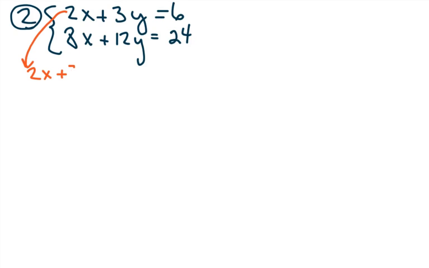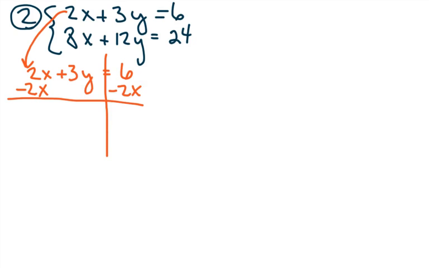So let's take the first one. 2x plus 3y equals 6. We're going to work on solving that for y, so I'm going to subtract 2x from each side. The 2x's cancel, so the 3y drops down, and the x's want to come first, so negative 2x plus 6.